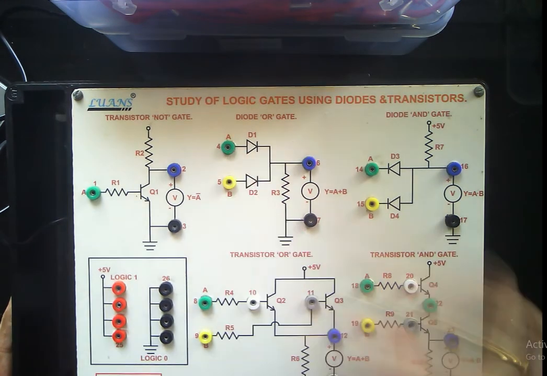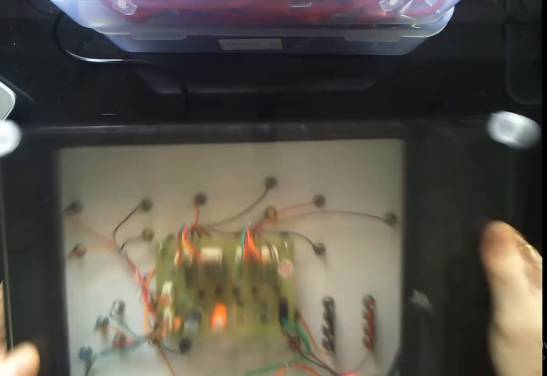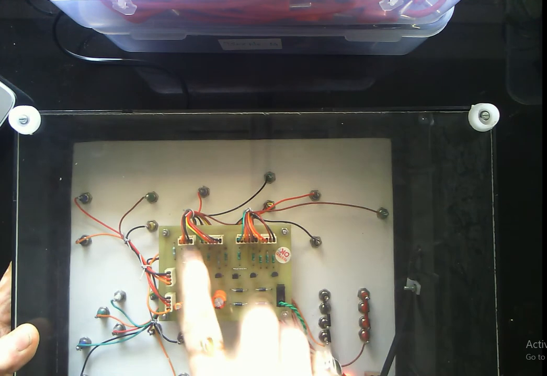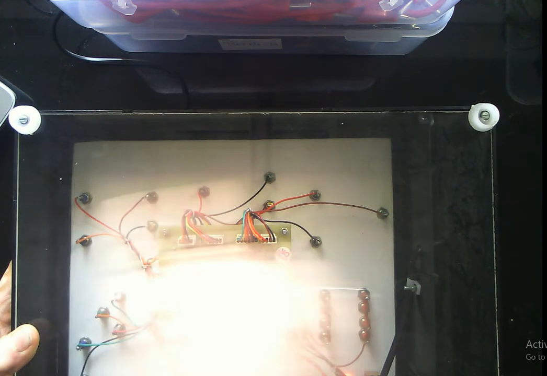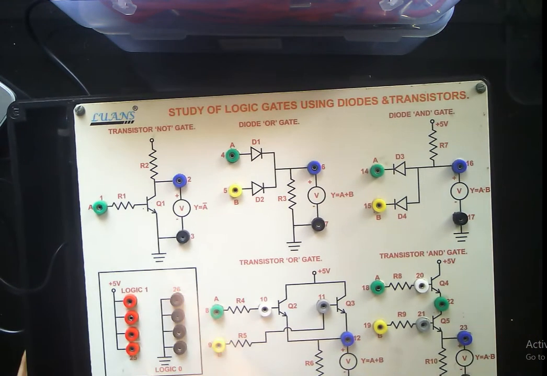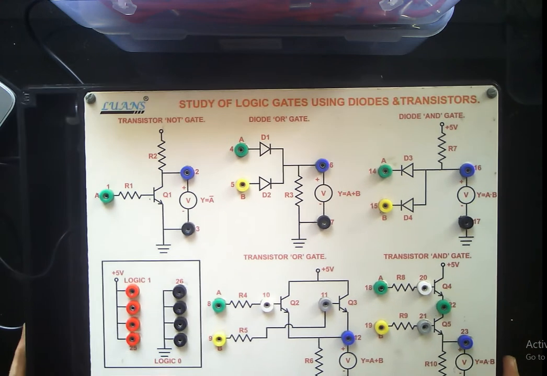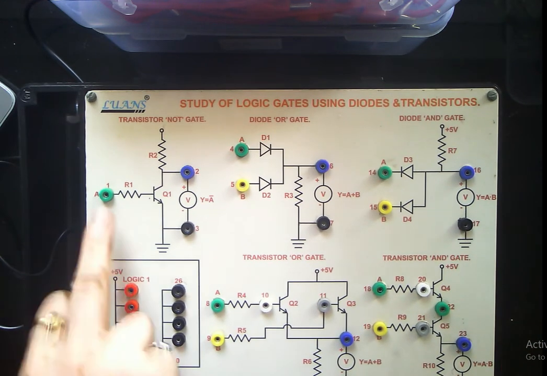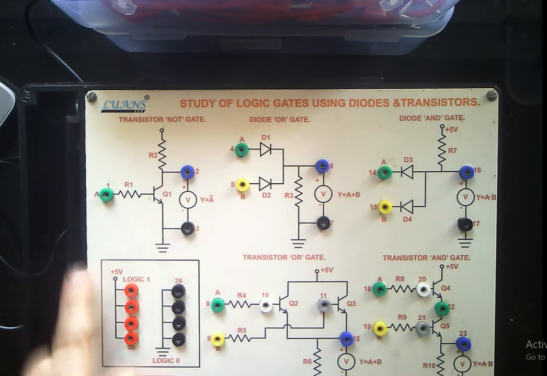These terminals are connected from these diodes and transistors only. So there is nothing to be worried about, even though we are unable to see any of the components on the outer side of the board. There are schematic diagram mimics given, from which we can directly connect to the terminals.